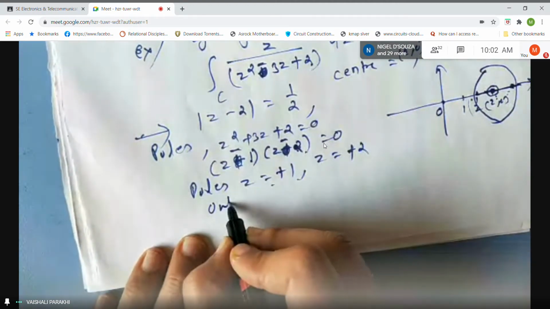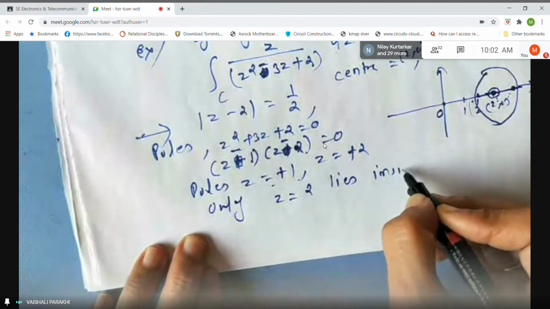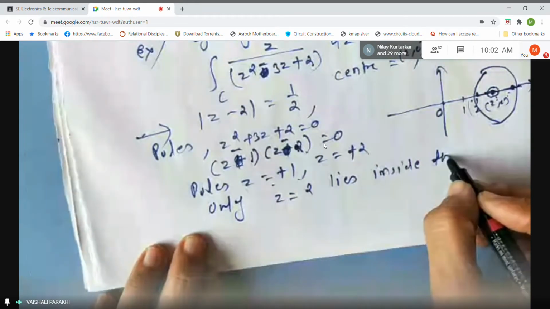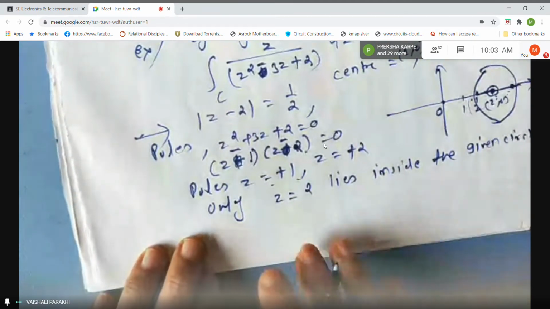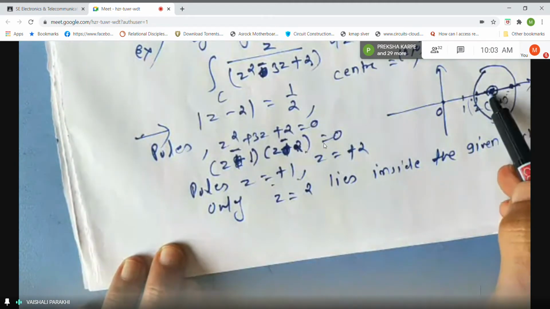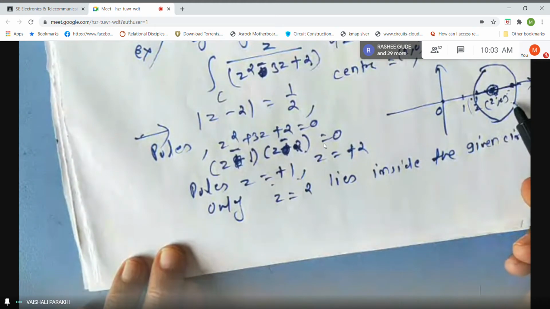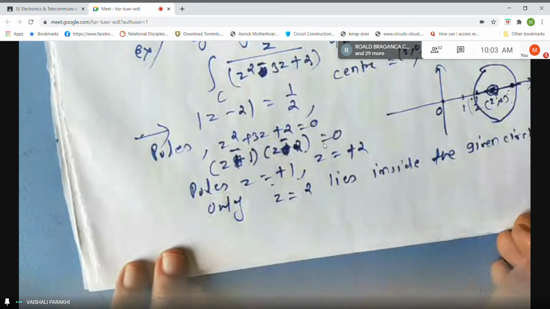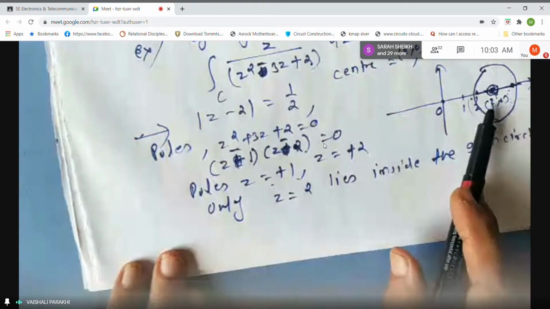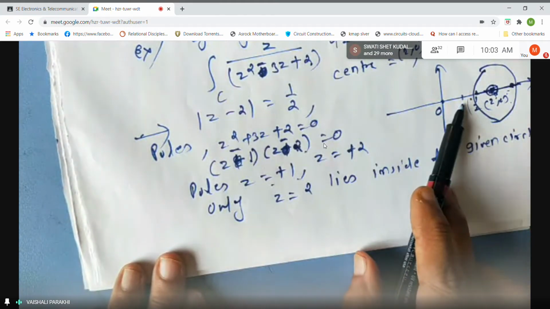So only z is equal to 2 lies inside the given circle. Because z is equal to 2 means what point? 2, 0, because x plus iy is equal to 2, so x is 2, y is 0. So 2, 0 is inside the circle, and the other pole is outside the circle. Correct?